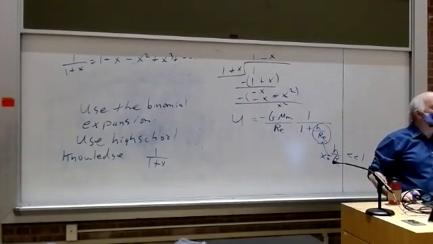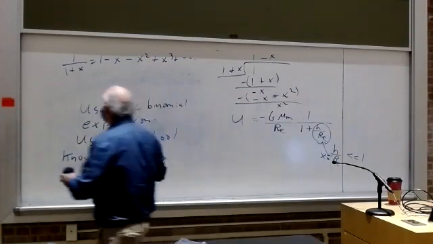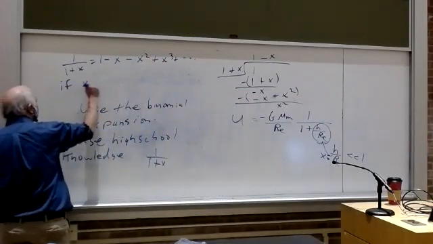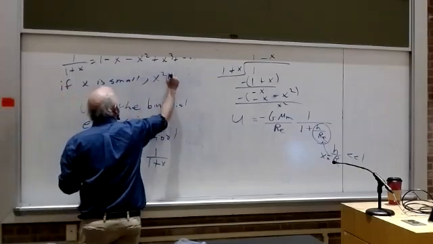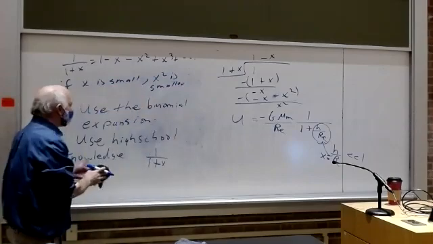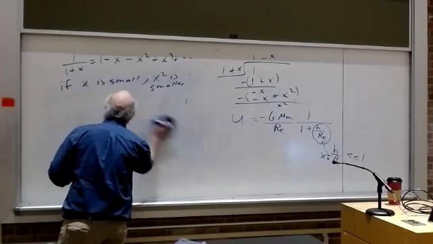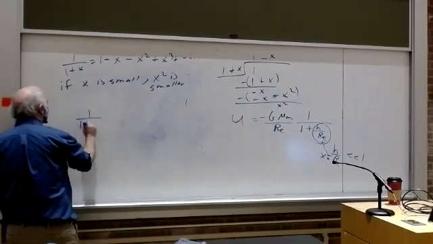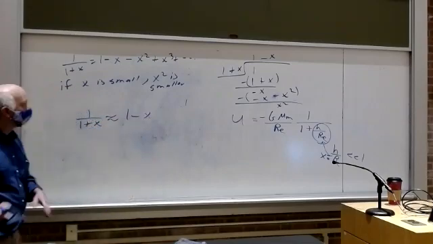It gets smaller. If x is small, x squared is smaller, and likewise for all the other ones. So what I can really say is that this 1 over 1 plus x is, to a very good approximation, 1 minus x.